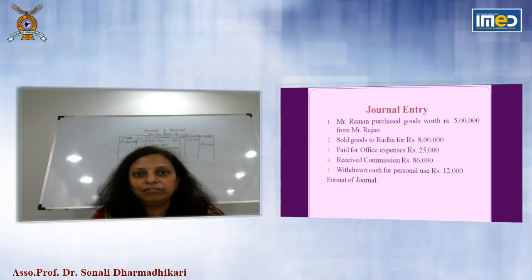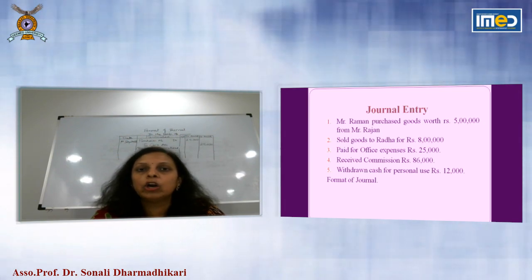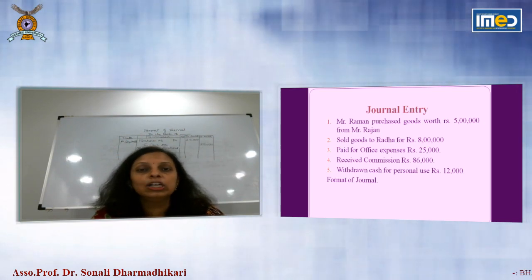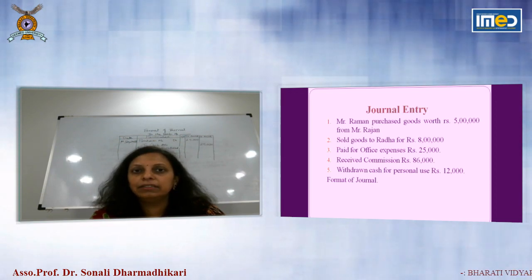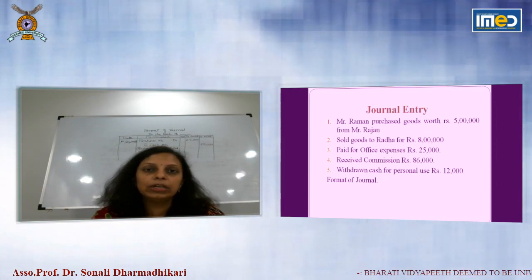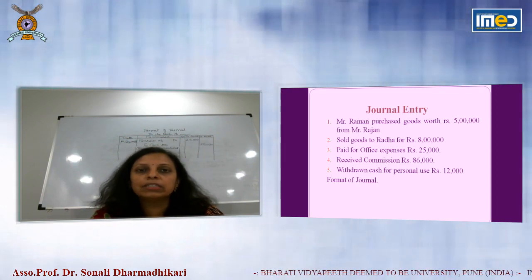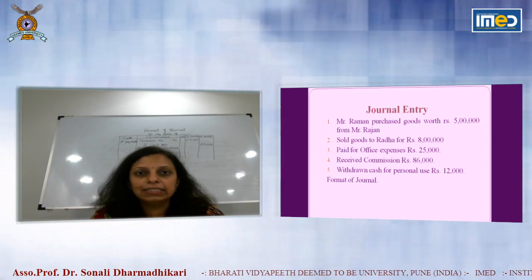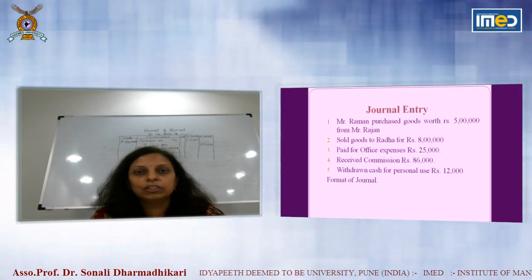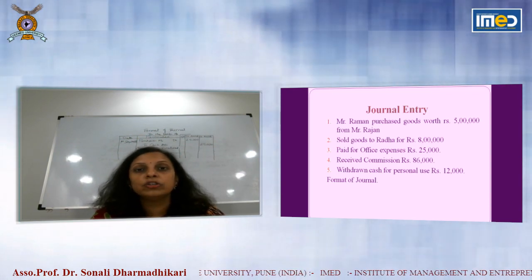You can identify error made if at the end trial balance does not tally. You have to refer to journal. Then as the narration is written, the transaction is summarized. You can refer directly to the transaction. You will come to know what transaction happened exactly on that date. So thus the journal is having high utility.